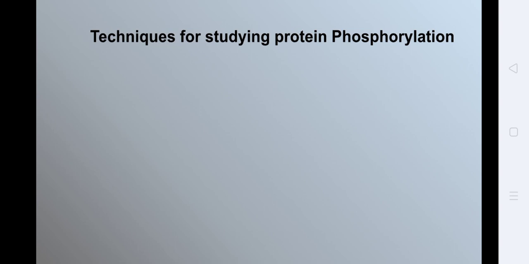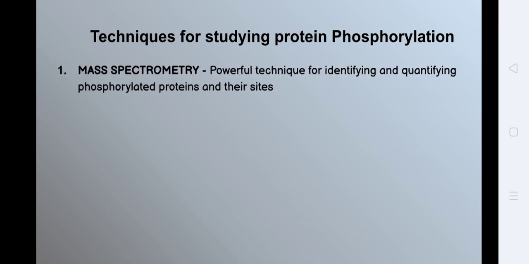It's a powerful technique for identifying and quantifying phosphorylated proteins and their sites. Next is Western blotting. Western blotting is mainly used for protein recognition. Here, phosphate group specific antibodies are made so that they would recognize particular phosphorylation events on the specific proteins.